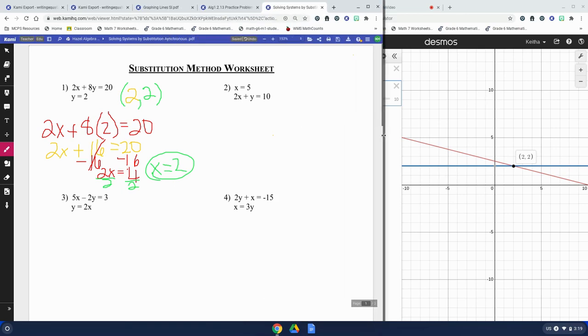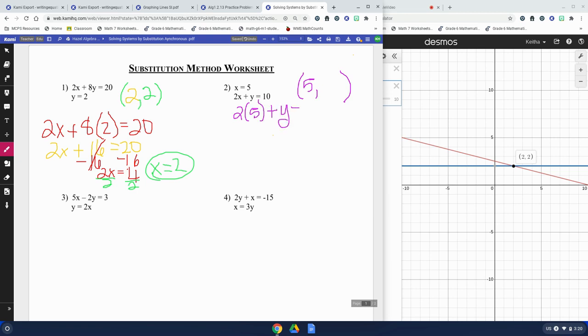All right, so here, if x is 5, that also is pretty easy. We know one of the answers right off. We don't even have to find that. So x is 5. In place of x in the other equation, we're going to substitute 5.